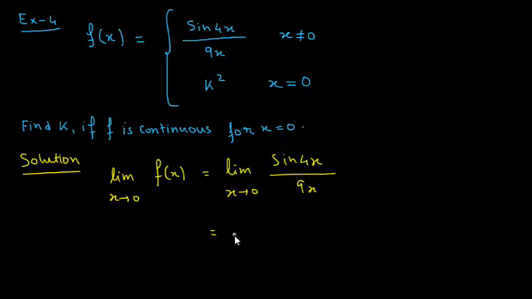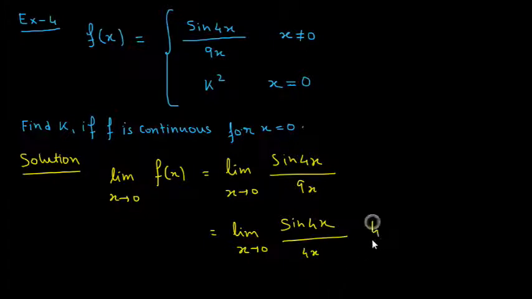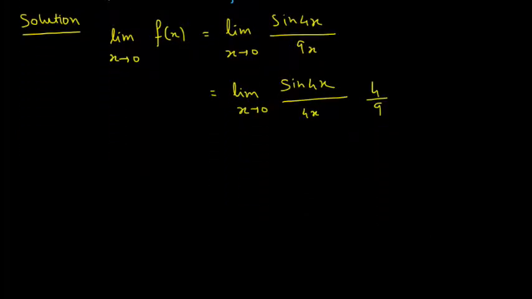Therefore, we can write limit x tends to 0 sine 4x upon 4x into 4 upon 9, which is equal to 4 upon 9.